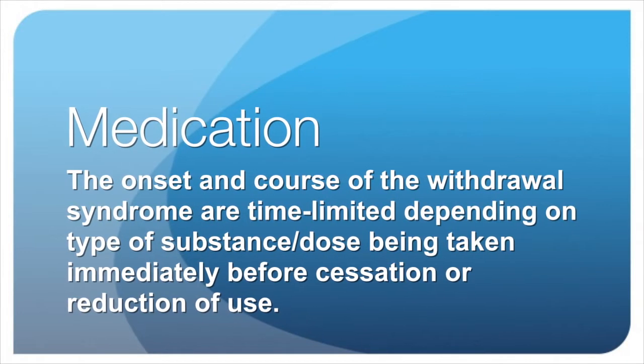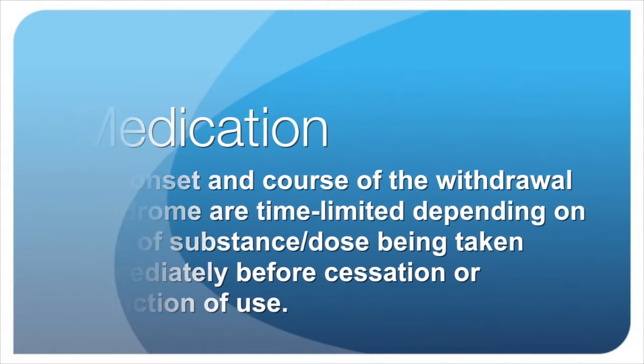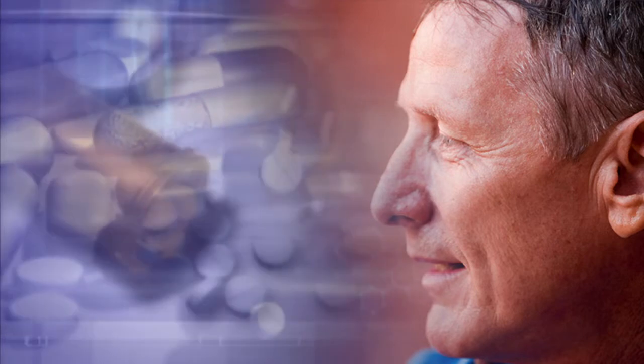Withdrawal symptoms will eventually pass, but it can be quite an uncomfortable experience for the individual. Many people who take medications for pain have had times when they have run out of a script or have been in a situation where they can't get access to the medications they would normally take. So many of you will have experienced some of these withdrawal symptoms from time to time, and it's worthwhile reflecting back on times that you may have had these experiences and make sure that you clearly associate those with reduced access to your medications.